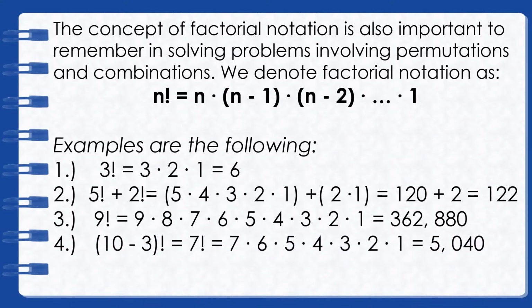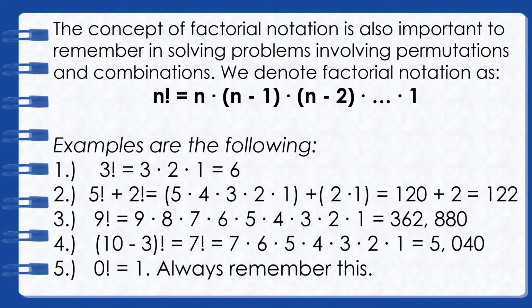Number 4, the difference of 10 and 3 factorial is equal to 7 factorial, and 7 factorial is equal to 5,040. And number 5, again, 0 factorial is equal to 1. So, please always remember this: 0 factorial is always equal to 1.